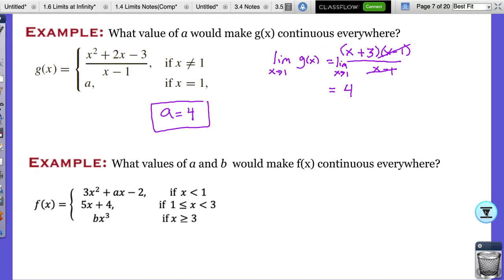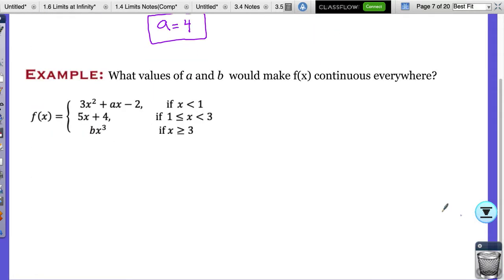All right, let's look at the bottom one here. I've got not one, but two numbers I need to find, both a and b. So we look at this piecewise function and ask what's happening. I'm using this quadratic when I'm less than 1.